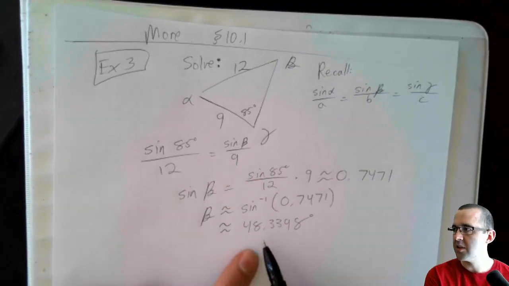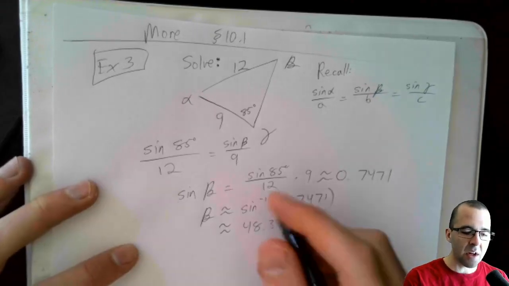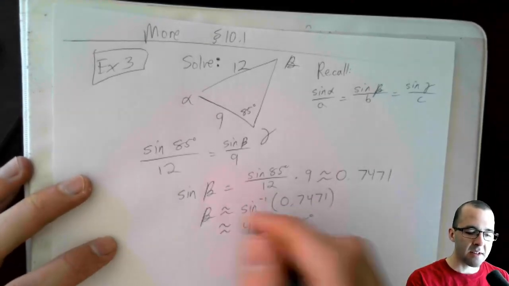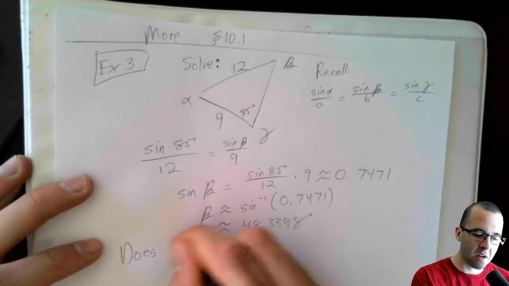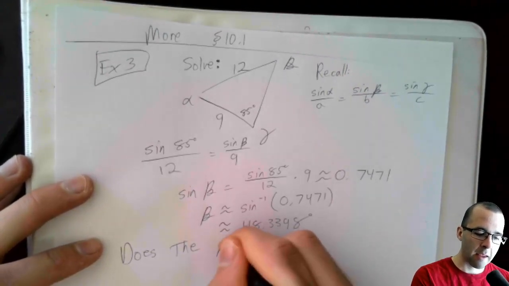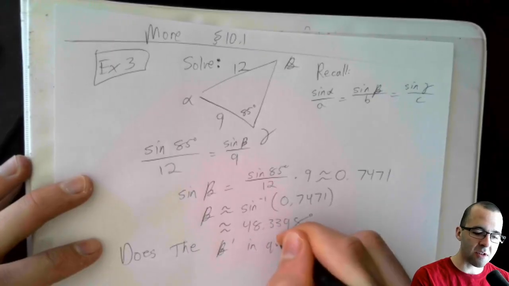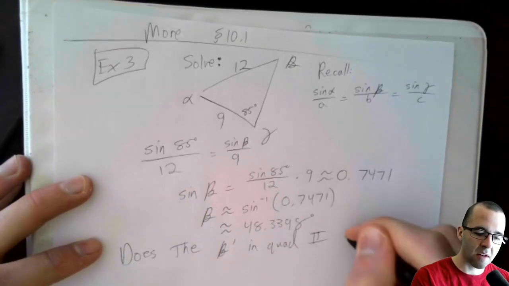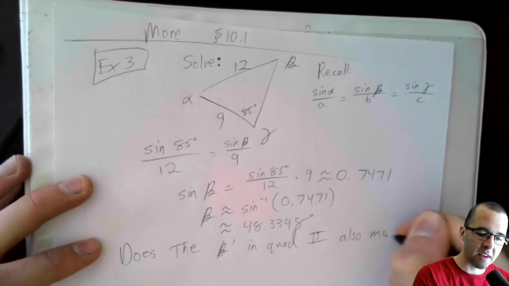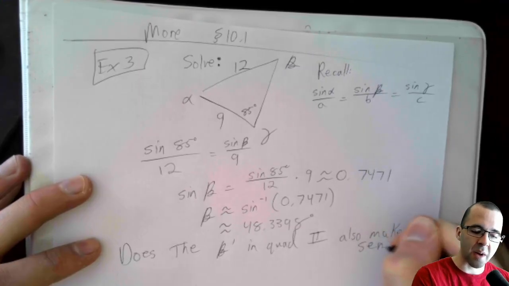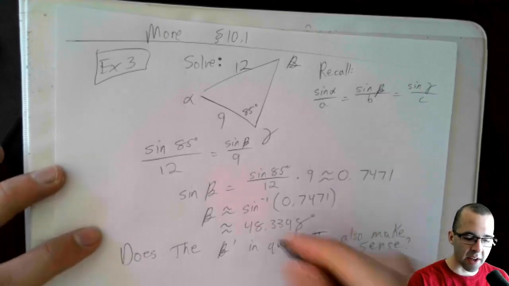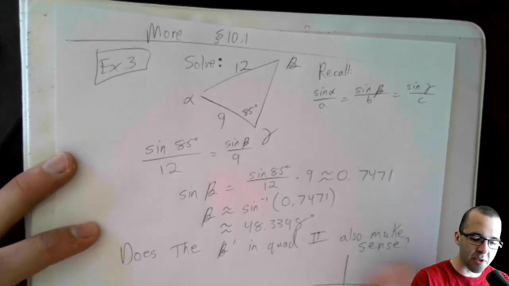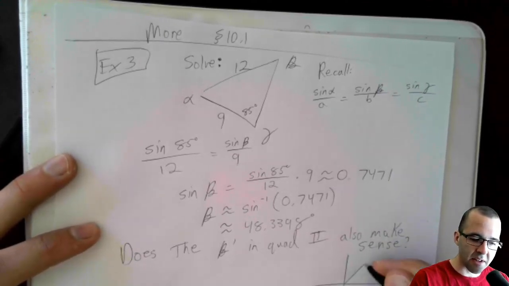And this first answer will always make sense. The question is, does the other answer in the second quadrant, does the beta prime in quadrant 2 also make sense? Because if it does, then we're going to have 2 answers. So again, what's the angle in the second quadrant? In the first quadrant, it's about 50 degrees.